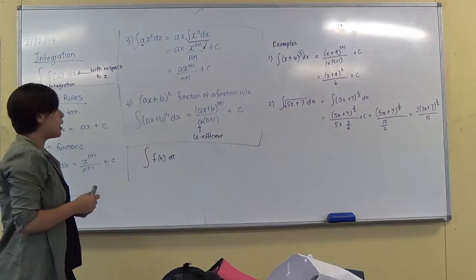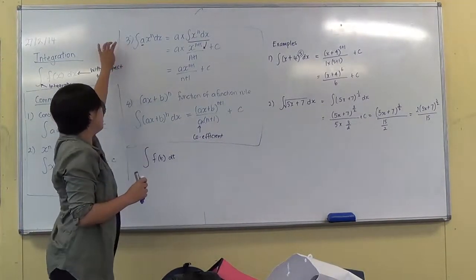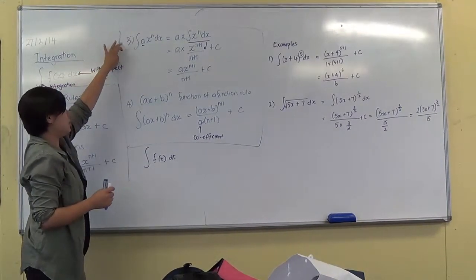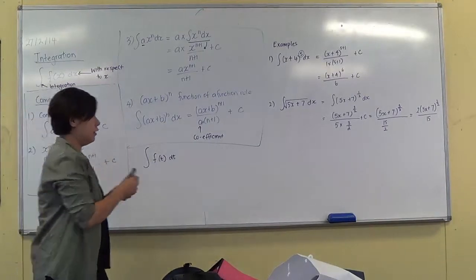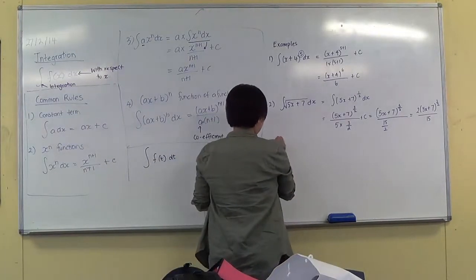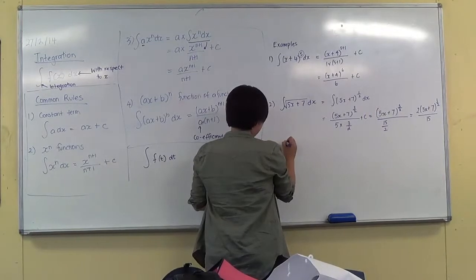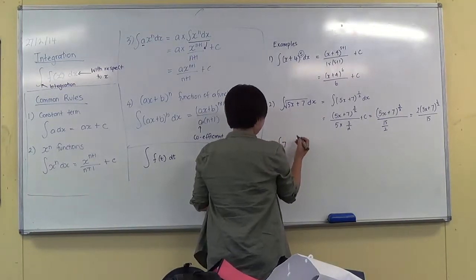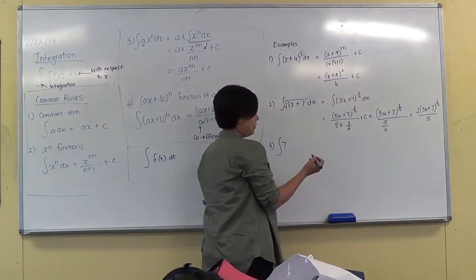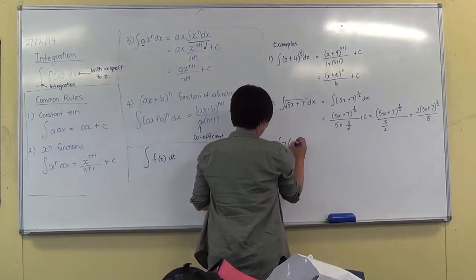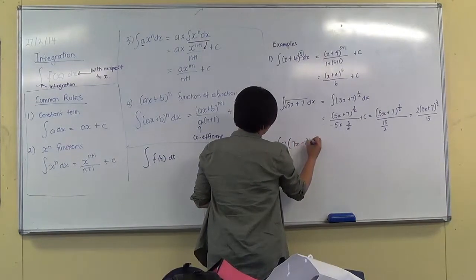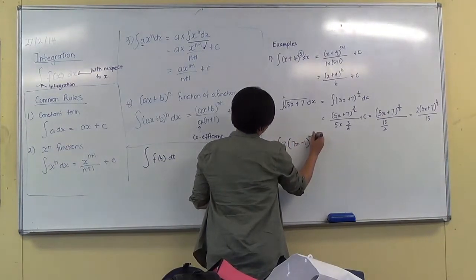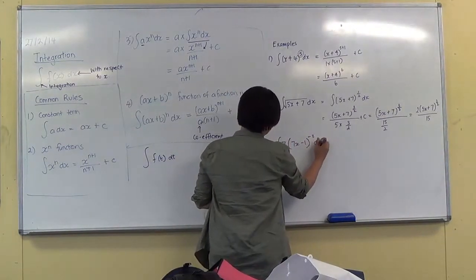All right, how about I combine something like an integration that has rule 3 and 4 together? 7 brackets. This is really hard to think of. 7x minus 1 to the power of negative 8 dx.